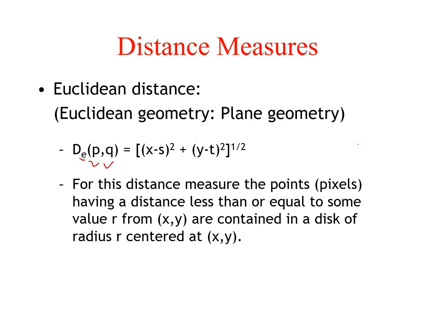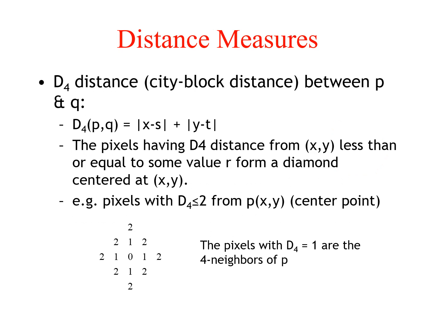If there is a center x, y, the unit distance from the center with radius r gives you a circle. So it gives a disk or a circle for Euclidean distance.